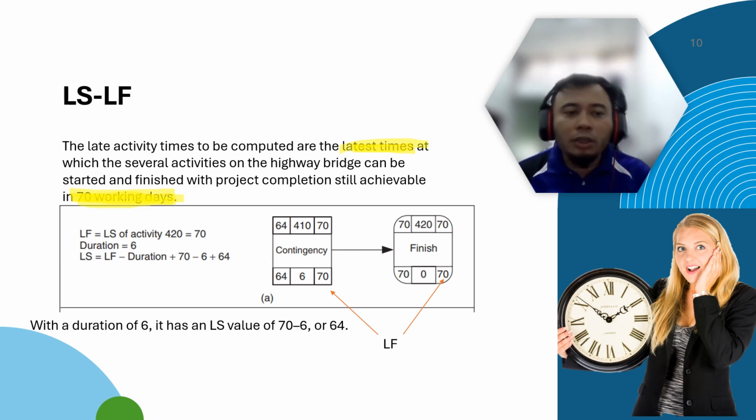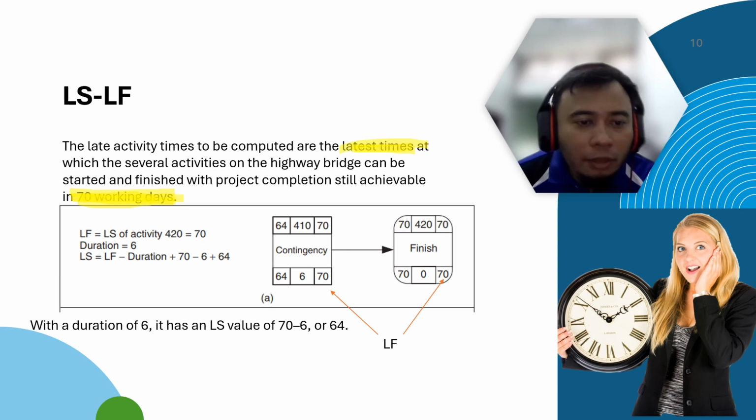So we're counting backwards. This example with the duration of 6. In this example, your finish activity is at 70 days. So your early finish becomes your late finish, duration is 0. So your late finish for the finish task of 0 is 70.